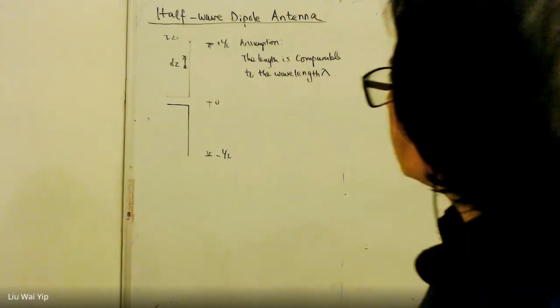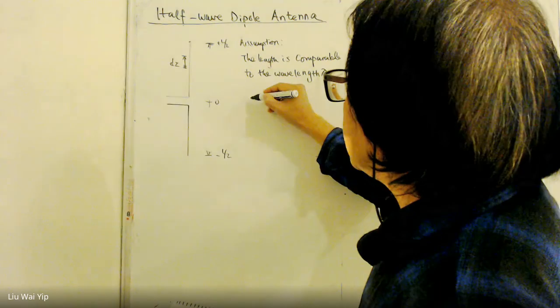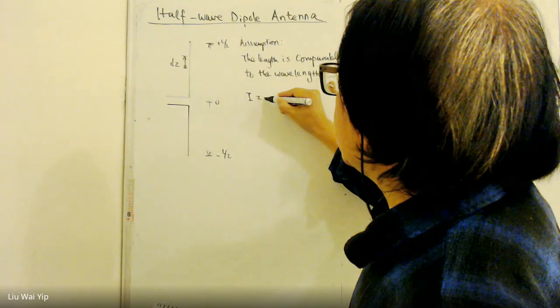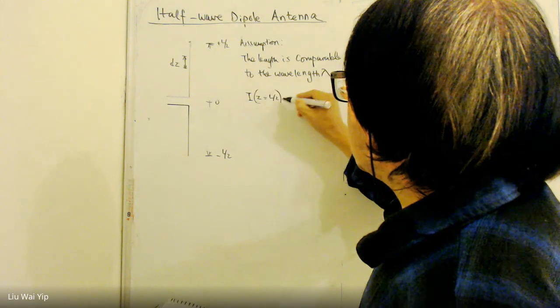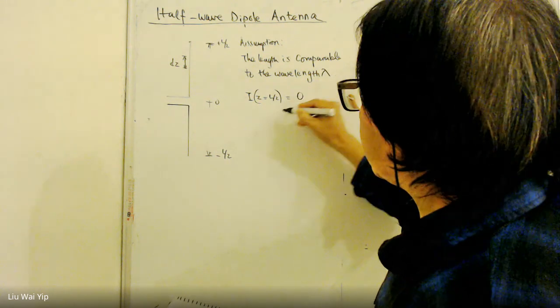So if z is equal to L divided by 2, then we need to assume that the current is 0.